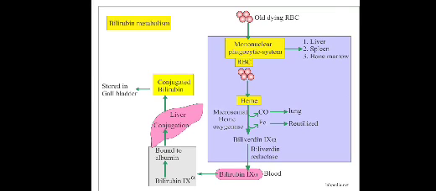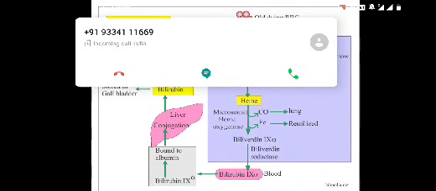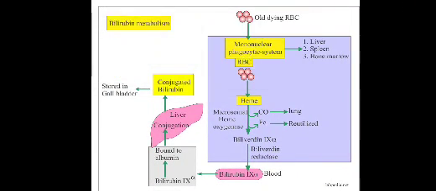Then from the RBC, heme comes out, and this heme is converted into biliverdin by the action of microsomal heme oxygenase. During this process, carbon monoxide is released, which is excreted via the lung, and the iron which is released is reutilized for the production of RBC.